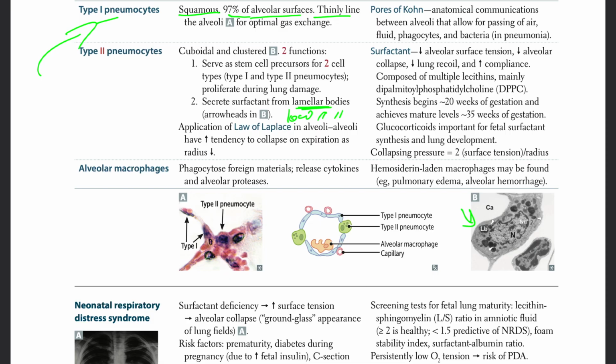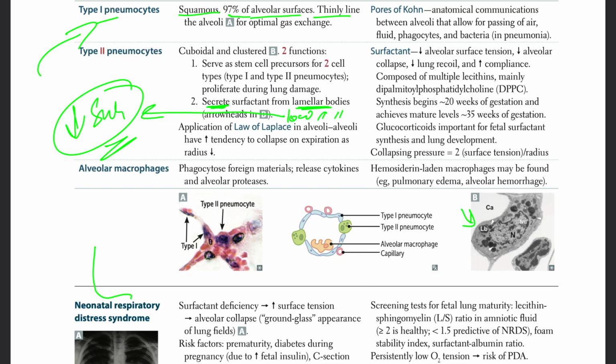They want you to think, okay, if you have a low lamellar body count, you're going to have decreased surfactant. Why? Because surfactant is coming from these lamellar bodies, and if you have low lamellar bodies, you're not going to have surfactant. We will read this topic, which is called neonatal respiratory distress syndrome. So they will say a low lamellar body count, which reflects surfactant deficiency.